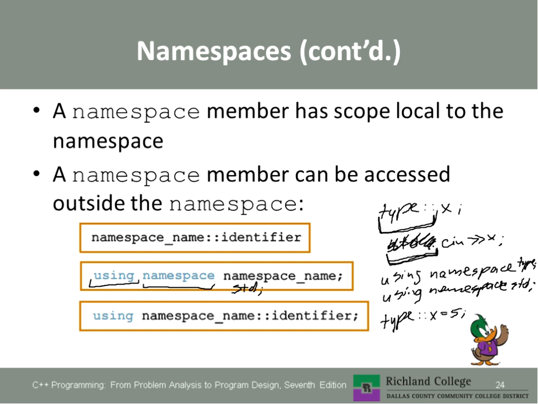If std and type both have X as an identifier, you cannot just say X equals 5 if you're using the using statements, because the compiler has no clue which X you want to assign the number 5 to. So if you have X in type, you would have to put in the namespace. If you have X in std, you would have std::X equals 15. Don't get confused.